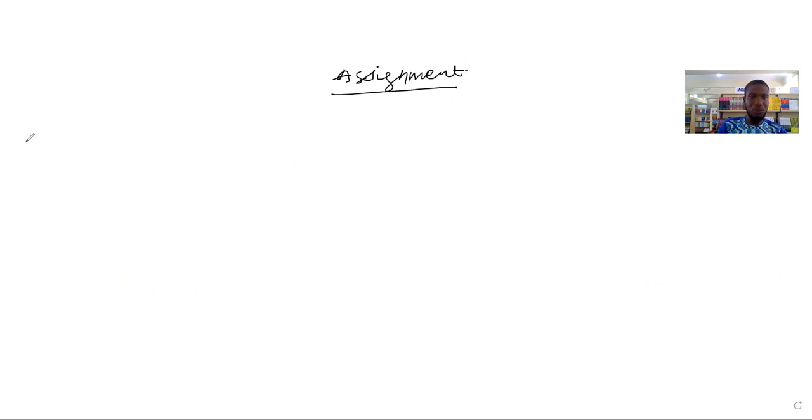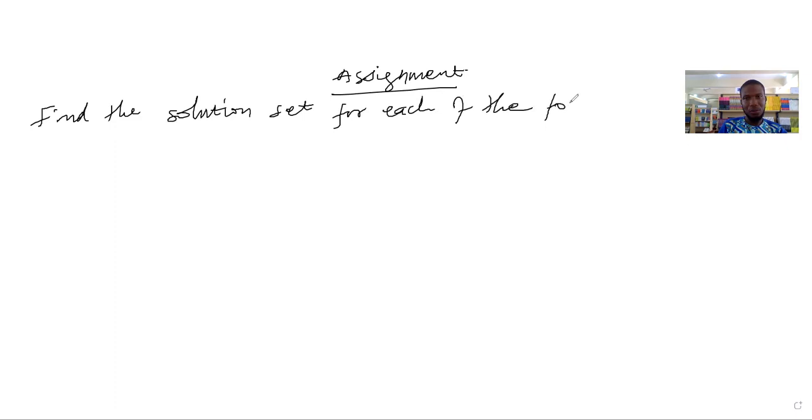So assignment, find the solution set for each of the following inequalities.